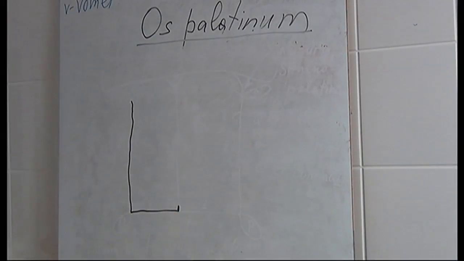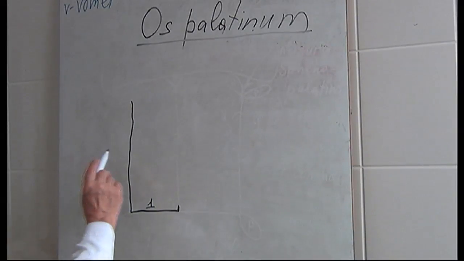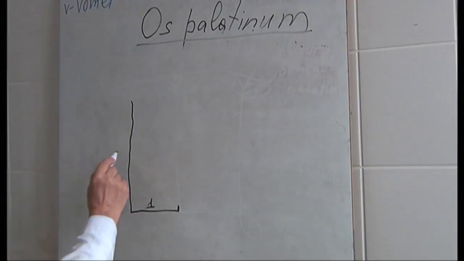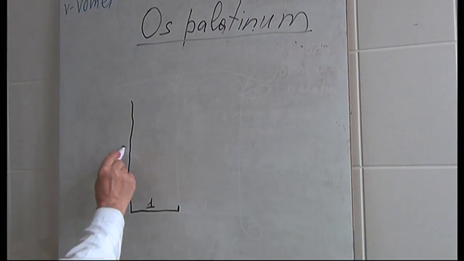This bone is a paired bone. Now we have drawn the left bone, and then we shall draw a right bone.